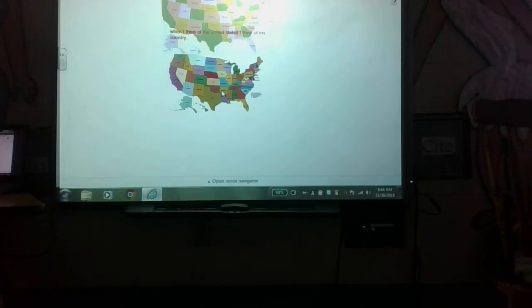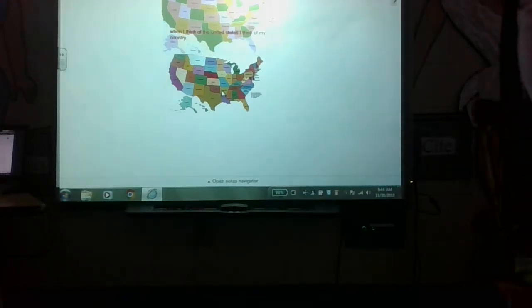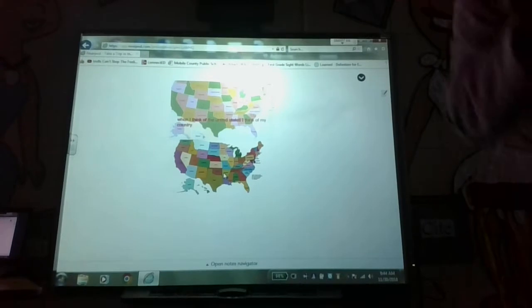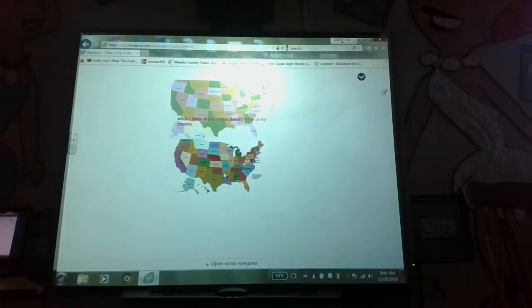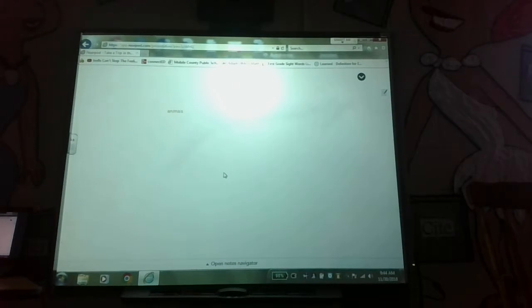When I think of the United States, I think of my country. Good. Here's another one. This person said, I think of animals. You can hardly see it because he wrote it in yellow.